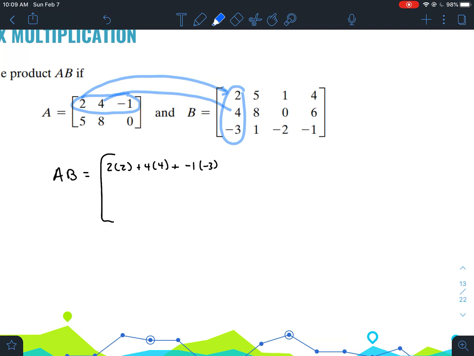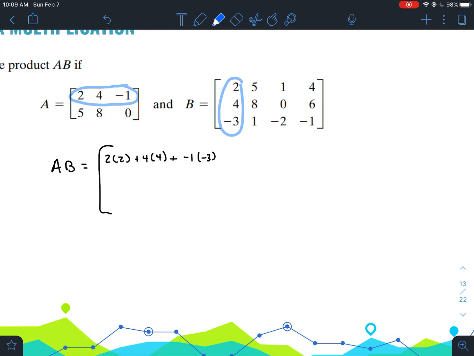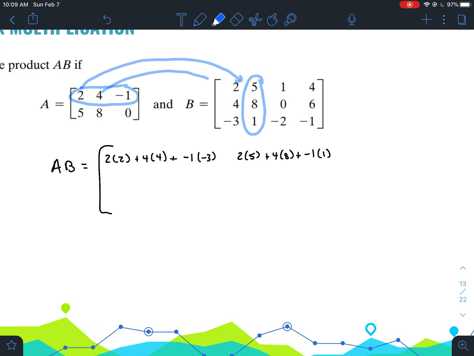Then you're going to do the same thing, but you're going to take the first row of matrix A and multiply it by the second column of matrix B. So we're going to do 2 times 5 plus 4 times 8 plus -1 times 1. So again, we take 2 times 5, 4 times 8, -1 times 1, and add up all of those elements.